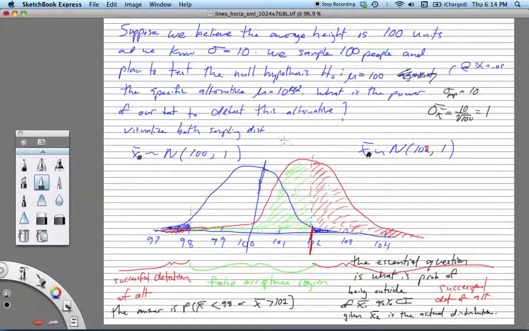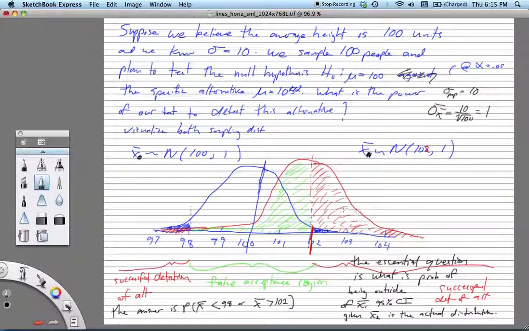I'm ballparking, saying that at the 95% significance level, the Z critical is close to mu plus or minus 2 sigma.